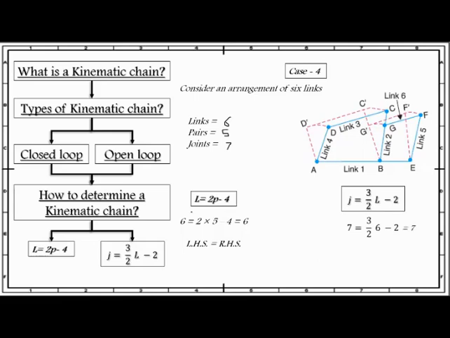Which means that since the arrangement of 6 links satisfies the equations, this arrangement can be considered a kinematic chain. Most important thing is, a chain having more than 4 links is known as a compound kinematic chain. So this arrangement can be considered as a compound kinematic chain.